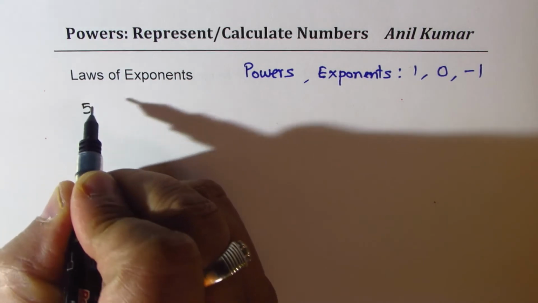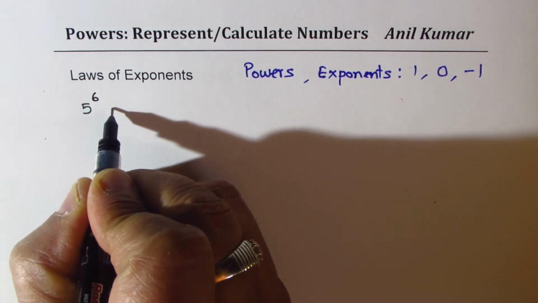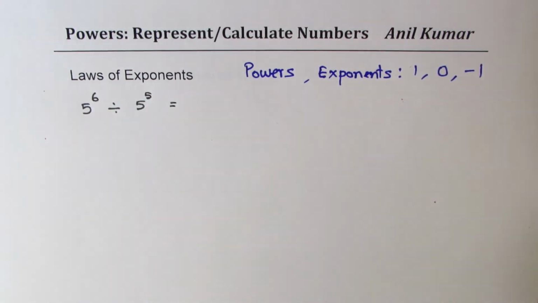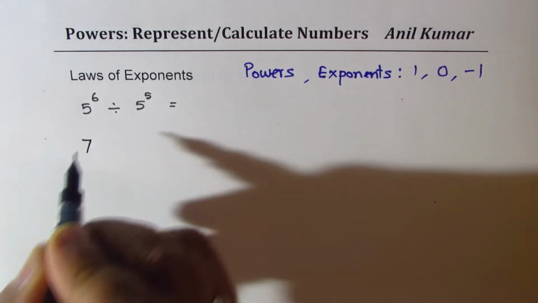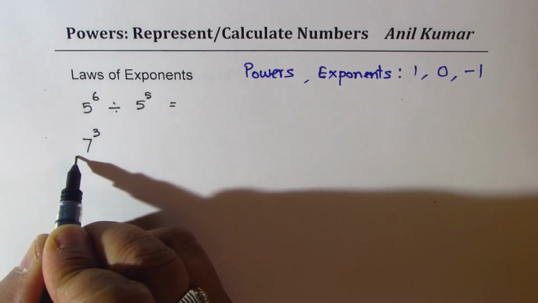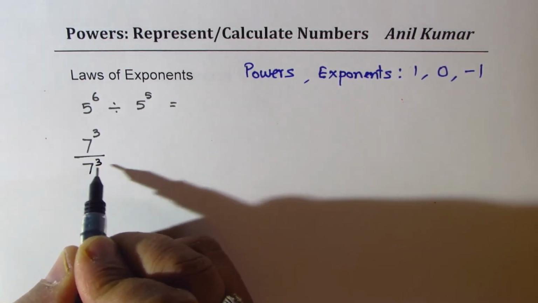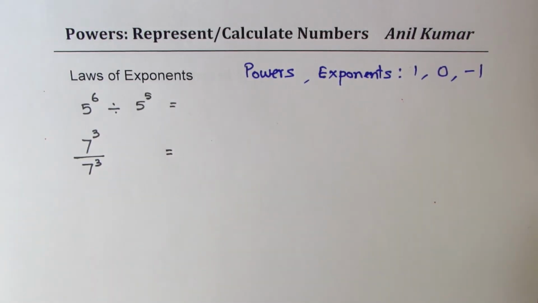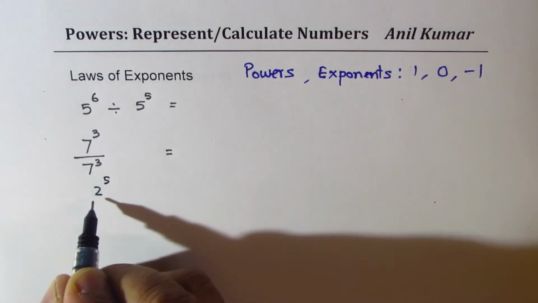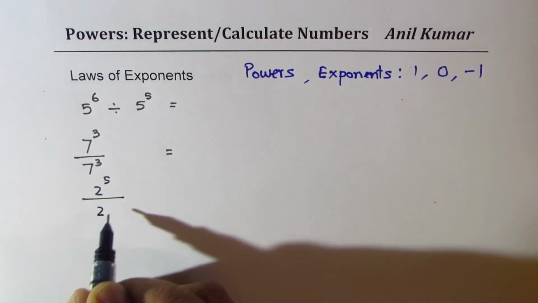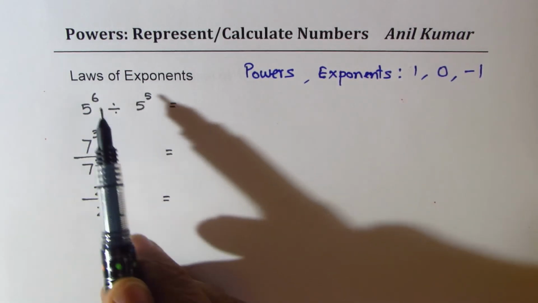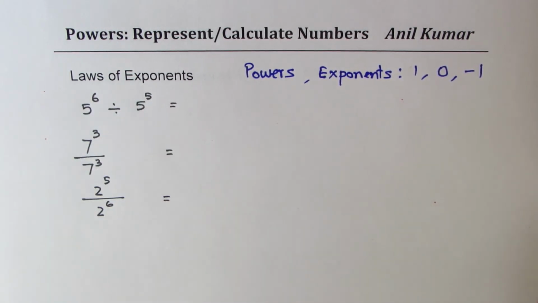If I have 5 to the power of 6 divided by 5 to the power of 5, what do we get? How about 7 to the power of 3 over 7 to the power of 3? What should I get? And what happens when I write 2 to the power of 5 divided by 2 to the power of 6? Now let's try to use our laws and figure this out.